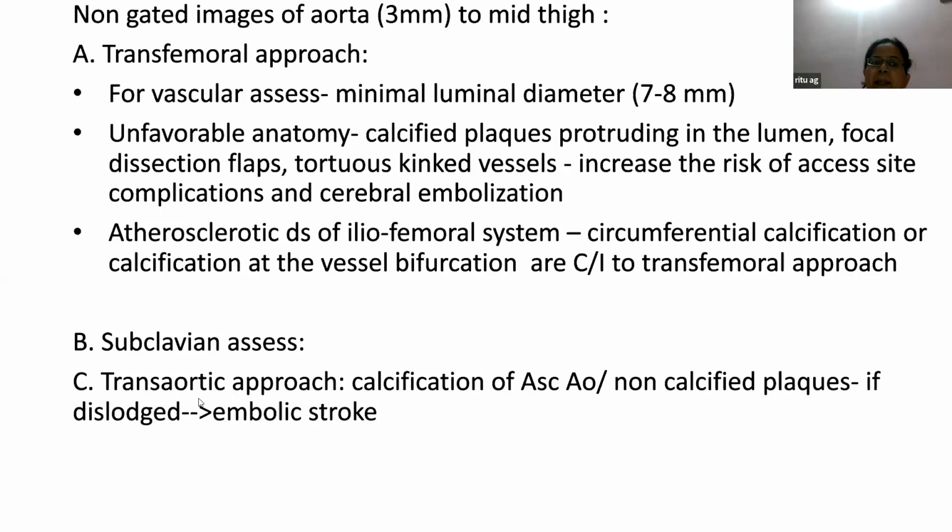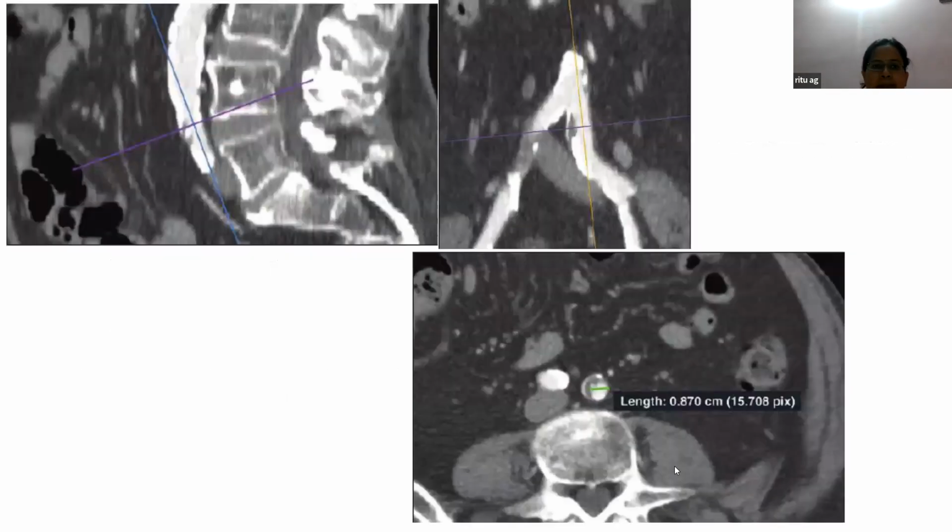When they're planning a transaortic approach, similarly, calcification in the ascending aorta is a problem. And even a non-calcified plaque requires care, because if it gets dislodged, the patient might develop an embolic stroke. So all these things have to be documented beforehand in the report, so that the operator is aware of what possible problems might arise and is adequately prepared for them.